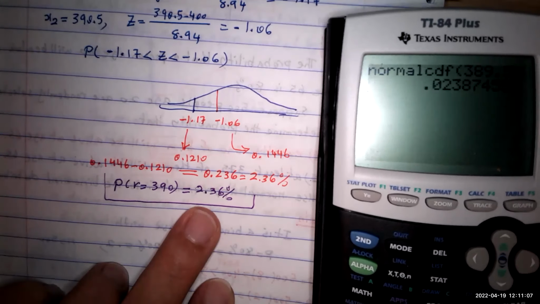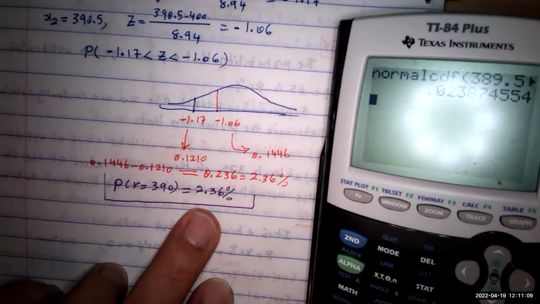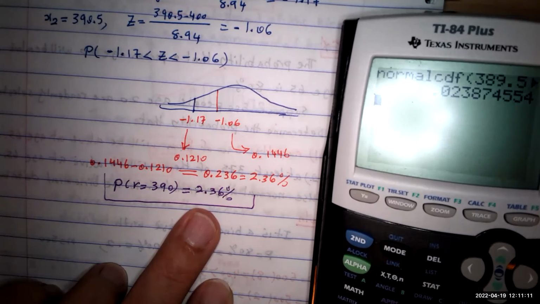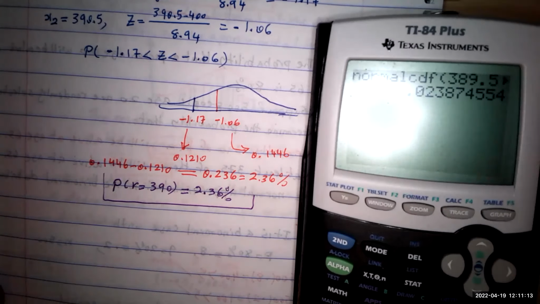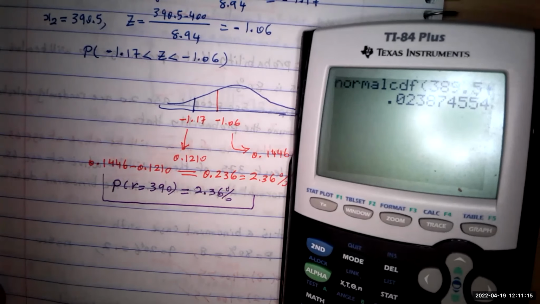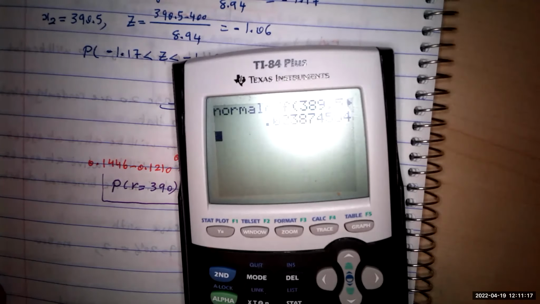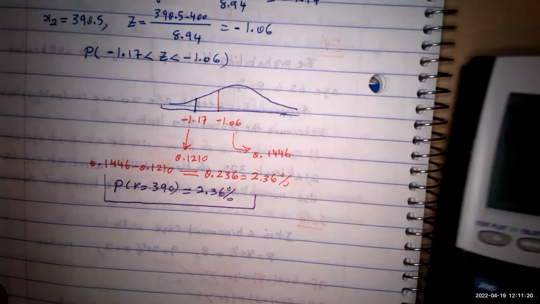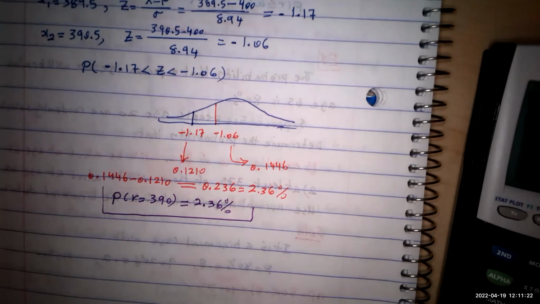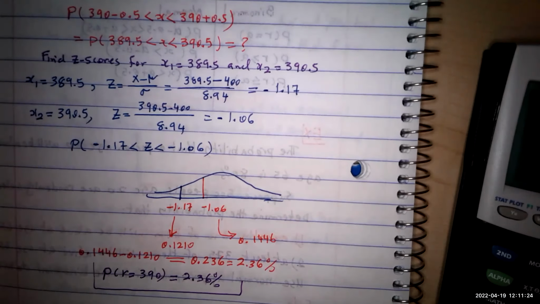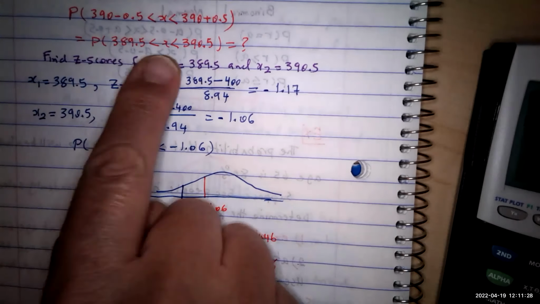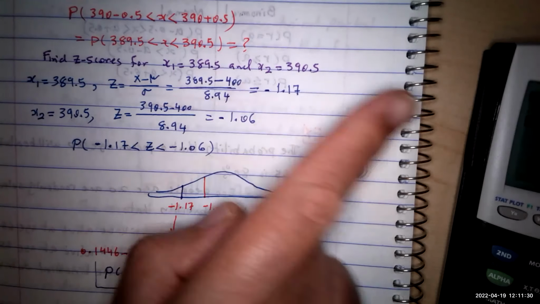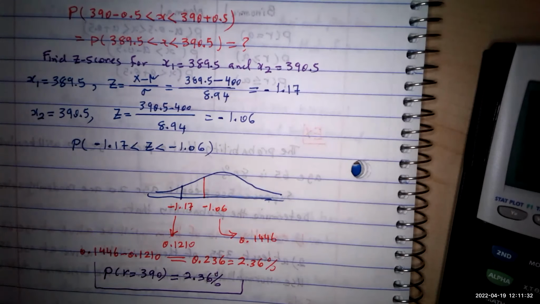We have a 2.36. It's a little bit different, but you have to check those operations that we have. So as you can see, you can do it with your calculator, but as I told you, you have to do the correction for continuity to get the problem here. And you have to write all this in symbolic form for us. When we get to this part, you write equal to, you just give us the calculator, we accept it.